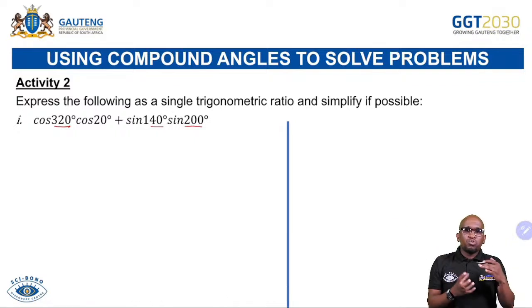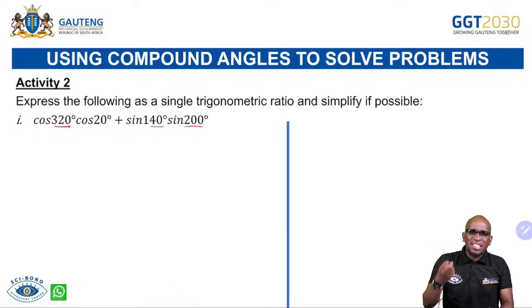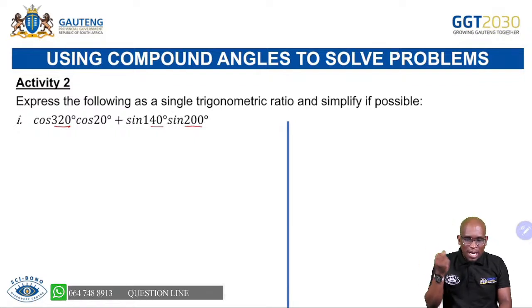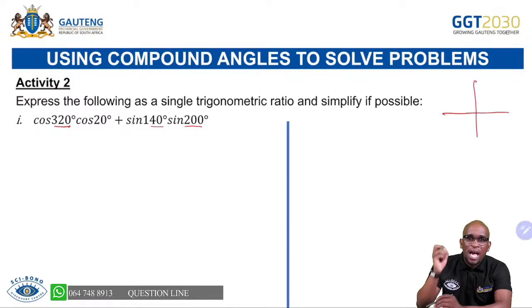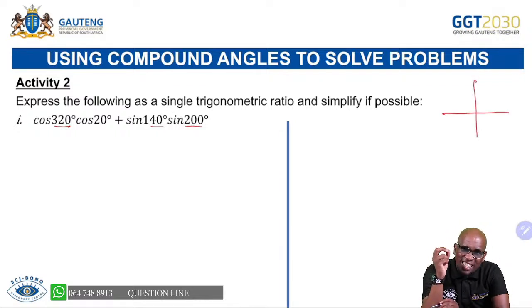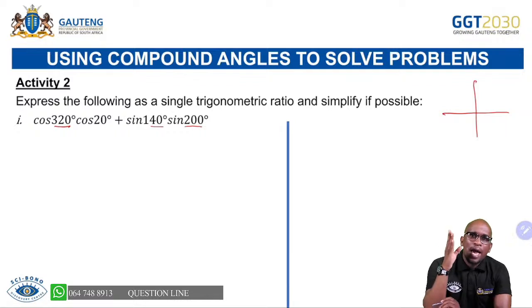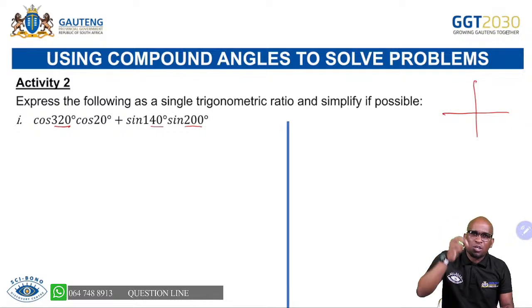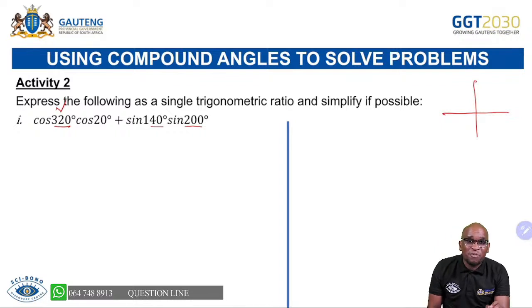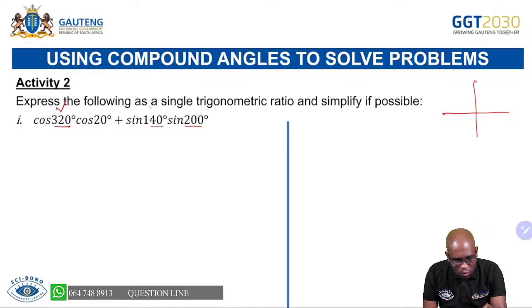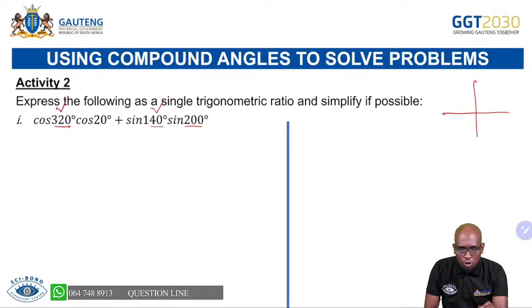Now, how do you work around numerical reductions? Any angle that is greater than 90, any angle that is not in the first quadrant, has to be reduced. Any angle that is not acute has to be reduced to an acute angle. Here, 320 is a reflex, 140 is obtuse, and this one is also reflex.